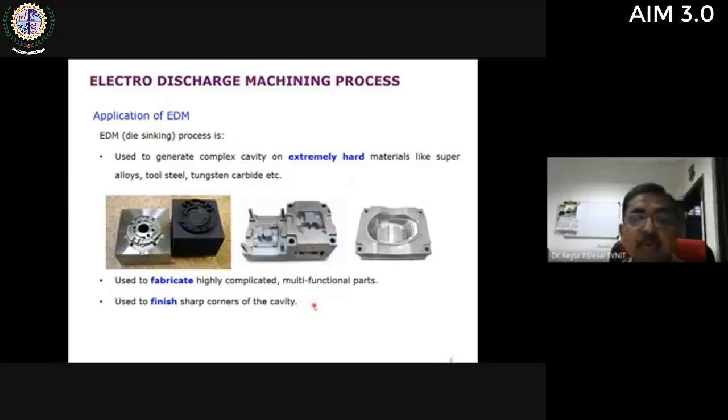It is also used to finish sharp corners of the internal cavities. If you machine conventionally, you are not likely to get very sharp internal corners because of the radius of the tool that you are using for conventional machining. So for getting finished sharp corners, this process is used.